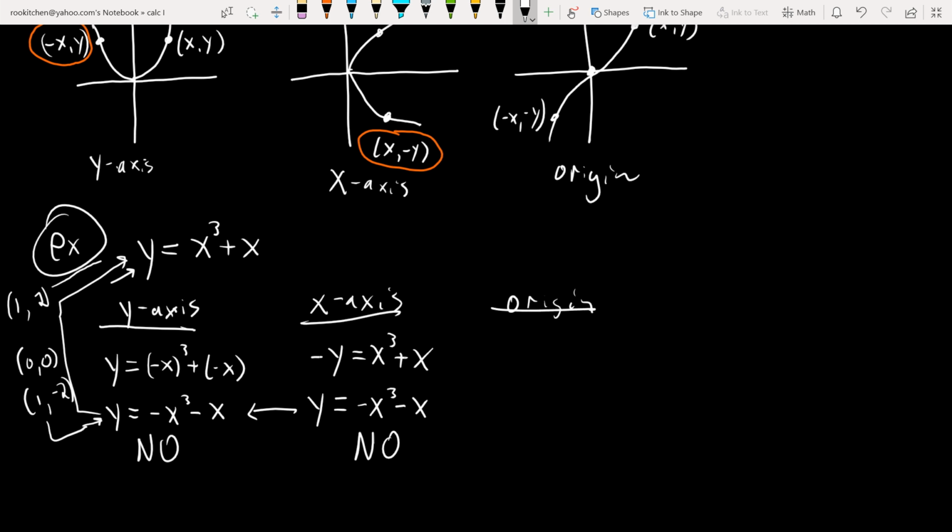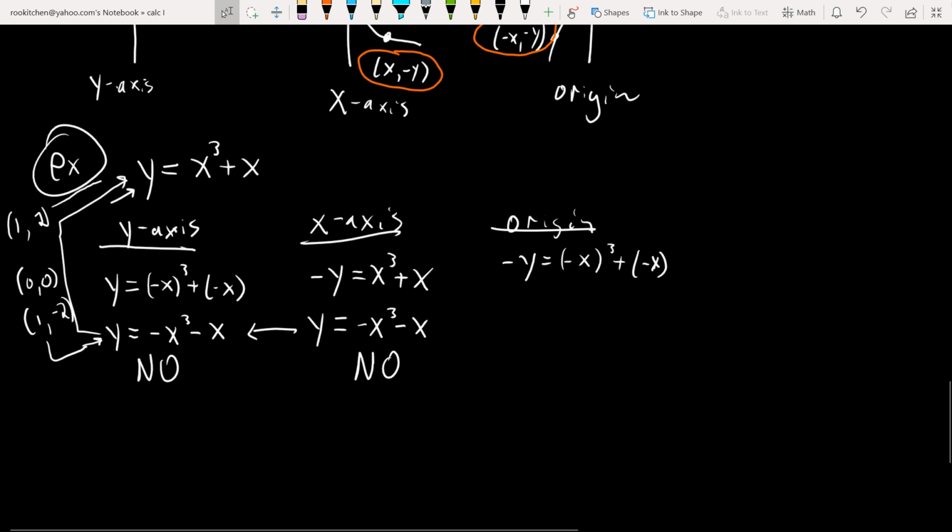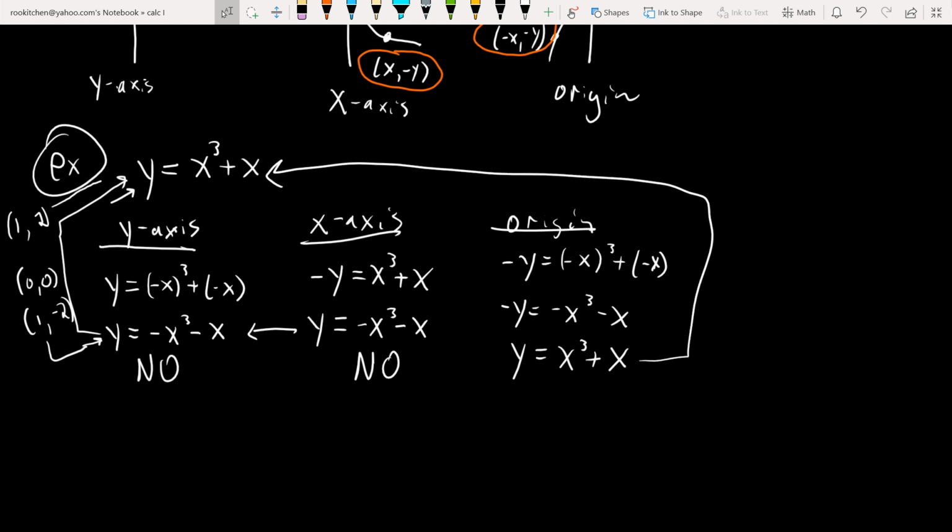In this case, you're letting x be -x and y be -y. So I'll have -y equals -x cubed plus -x. If you clean it up a bit, you'll have -y is -x cubed minus x, multiply both sides by -1, and you get y is x cubed plus x, which is, in this case, the original equation, so therefore it does have that kind of symmetry.